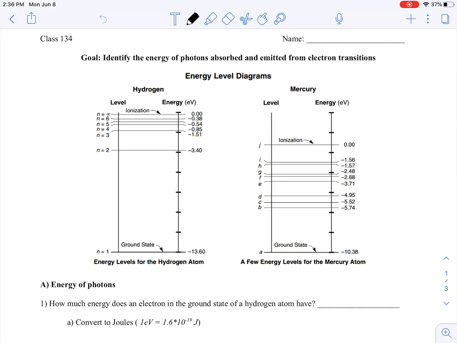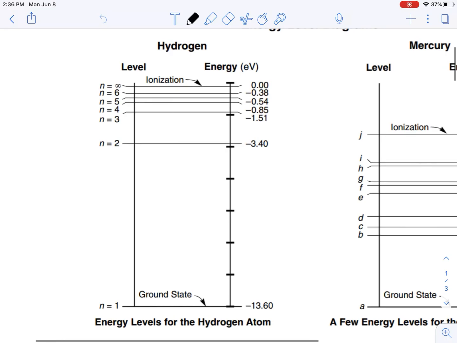So on the left here and on the right, these are basically the different energies of the electrons in hydrogen and mercury atoms. Let's just take a second to look at this because we're going to use this a lot today. So hydrogen. At the n equals 1 state, that's down here, we're going to work with blue today, an electron has an energy of negative 13.6 electron volts.